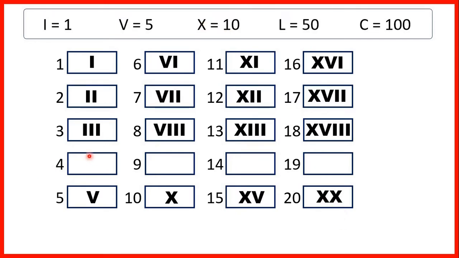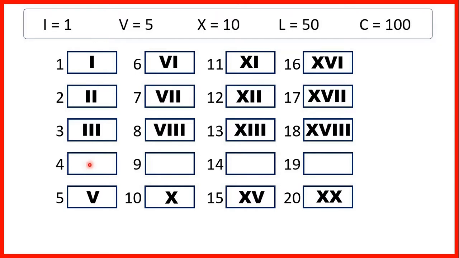Now you'll notice we've got 4, 9, 14 and 19. Now 4, you might think, couldn't they just write I 4 times? But in Roman numerals, they could only have 3 of the same letter next to each other. Otherwise, the numbers could just get very, very long.